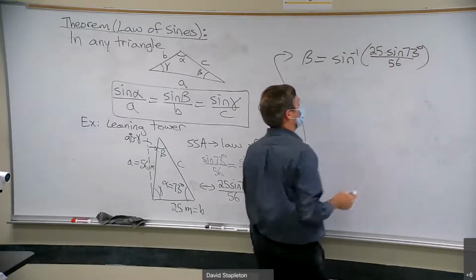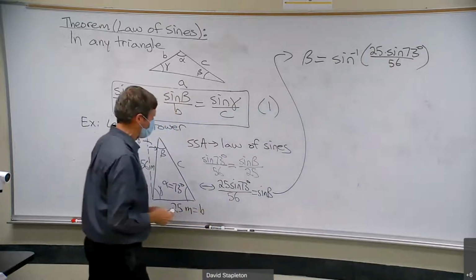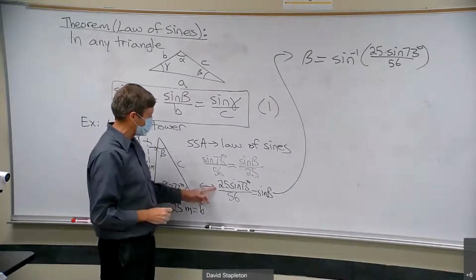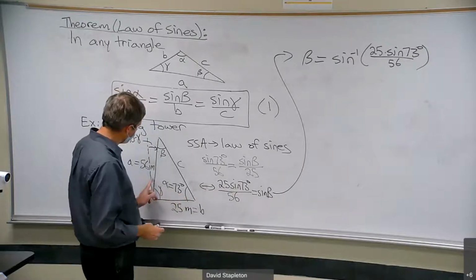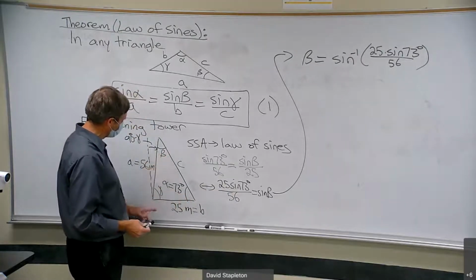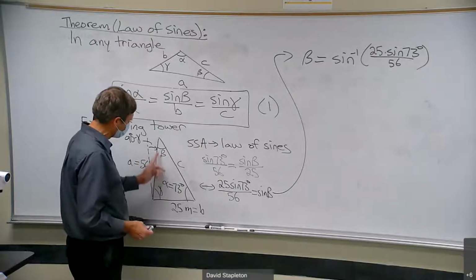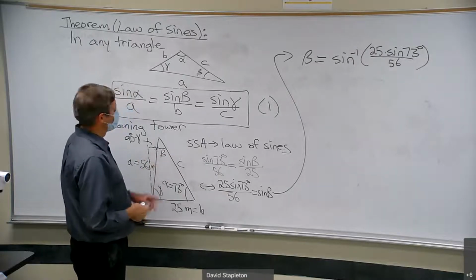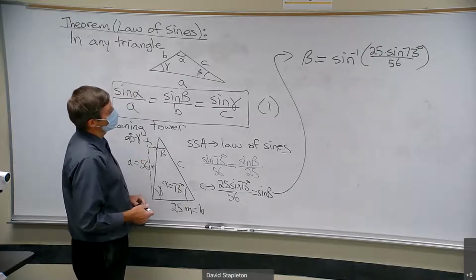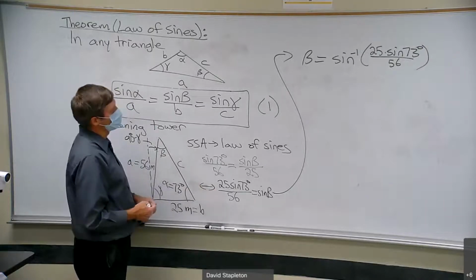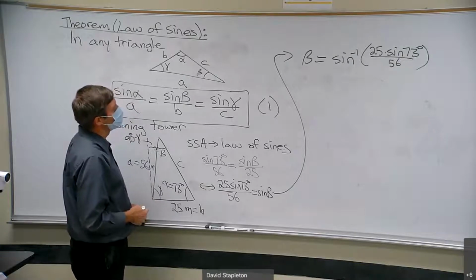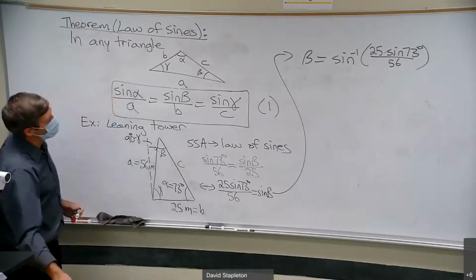Now, technically, it turns out there's 2 solutions to this, 2 angles beta between 0 and 180 degrees that have this sine, but the other one is bigger than 90 degrees. We want the angle that's less than 90 degrees in here, right? Since it's tilted this way, it'll be less than 90 degrees. So we'll say beta is the arc sine, because sine of beta is this number and we want it to be an acute angle. We just run that in the calculator, right?